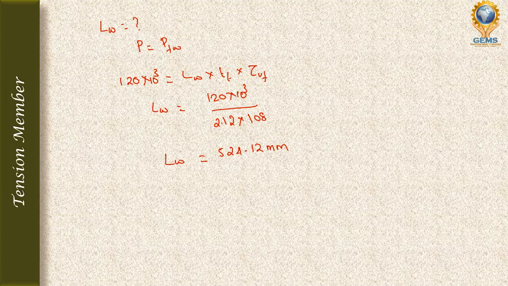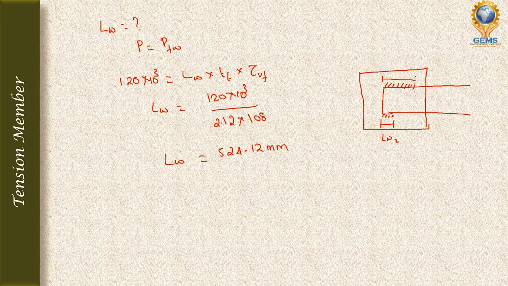This is the LW value. But in the question, we know the weld lengths are not the same. This is LW1 and LW2, both are not of the same length.